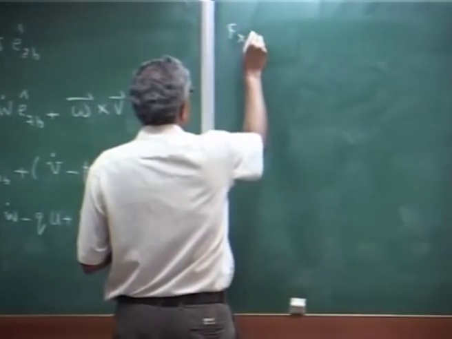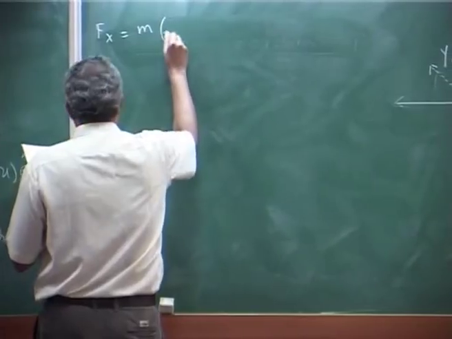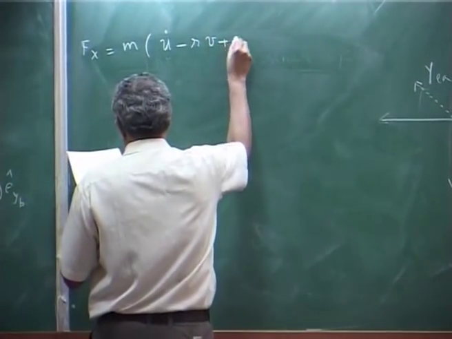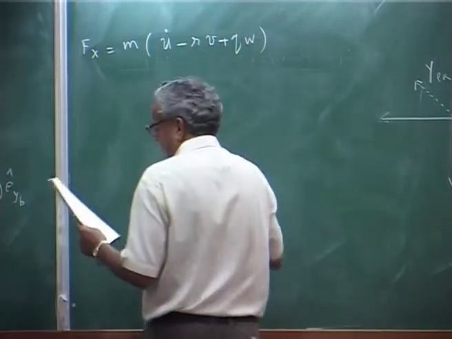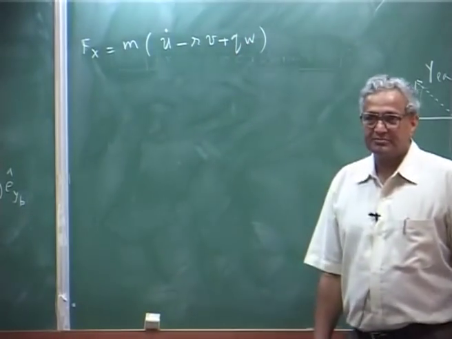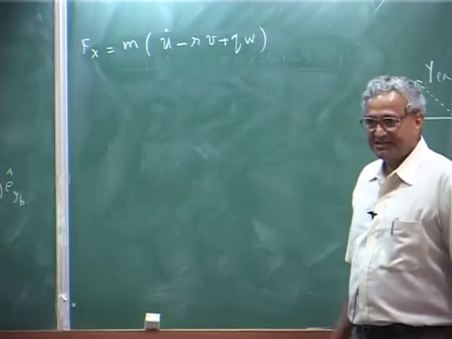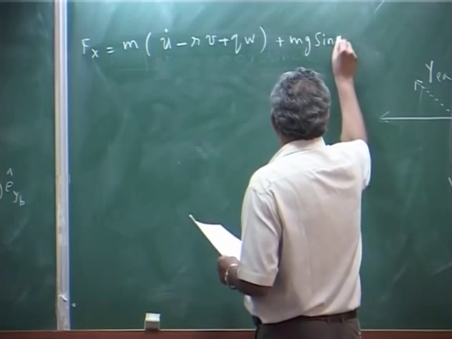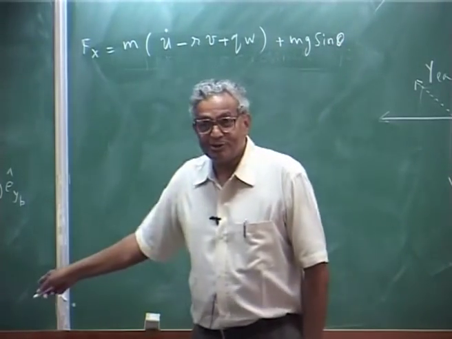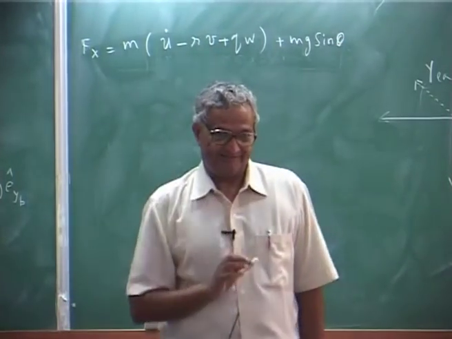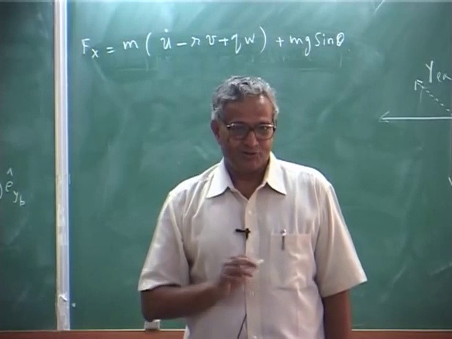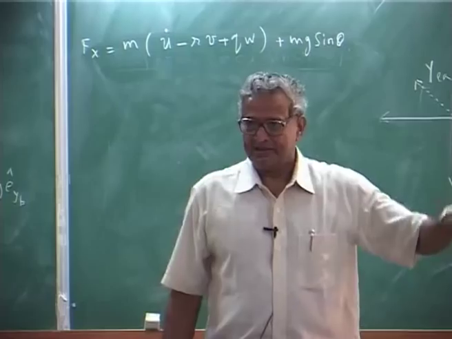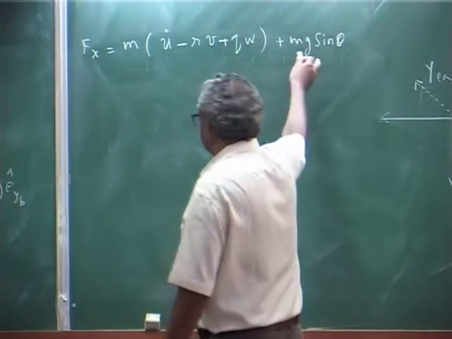So, you have Fx is m times u dot minus Rv plus Qw, but what is normally done is the gravity load, you write it separately. Please note that gravity load acts along Z earth. So, you transform the Z earth to body, and that will come.